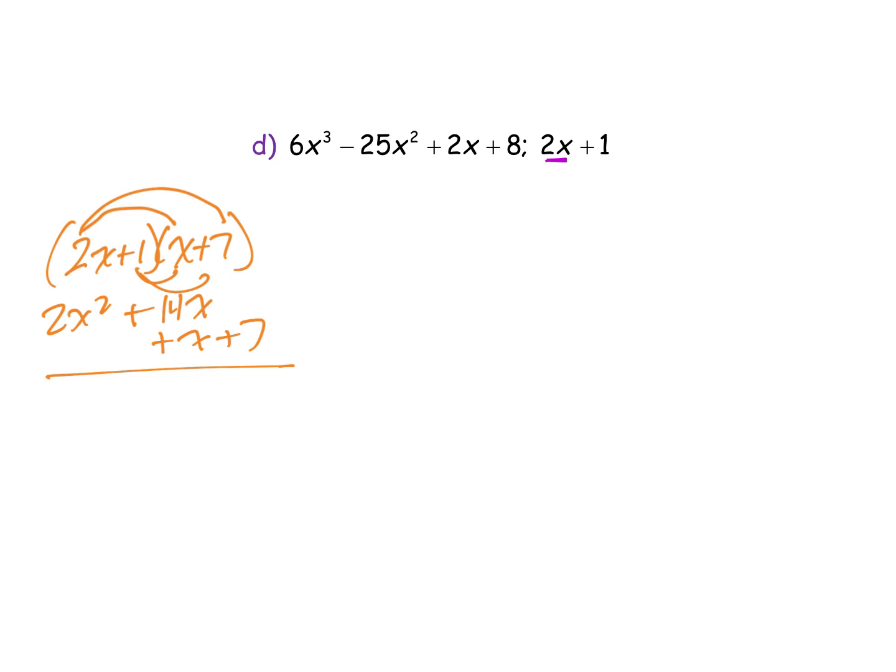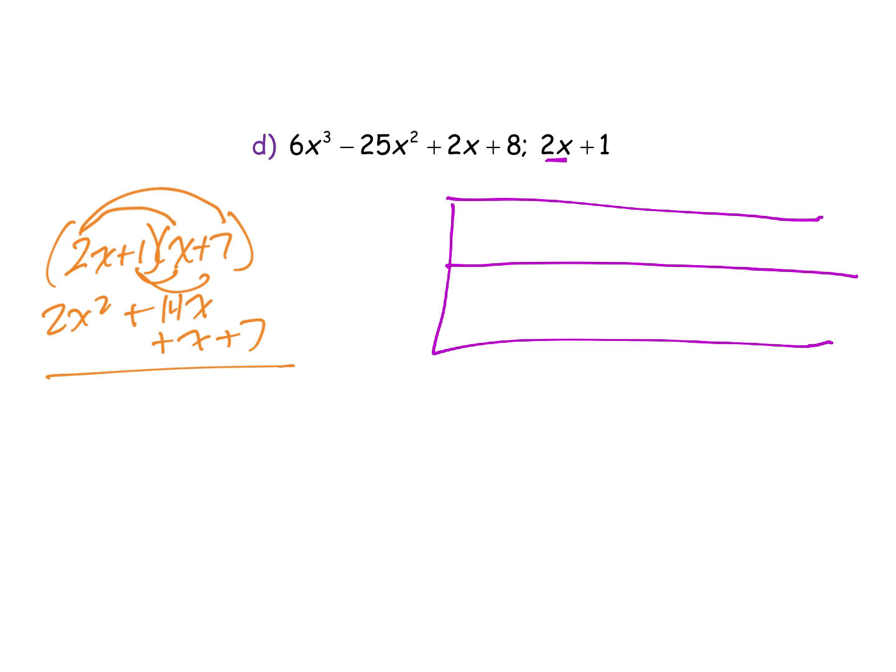There's not enough time, so I'm just going to do it. I don't have to do synthetic division, right? I'm going to do the box method. 2x plus 1. So what do I multiply 2x by to get 6x squared? 3x.